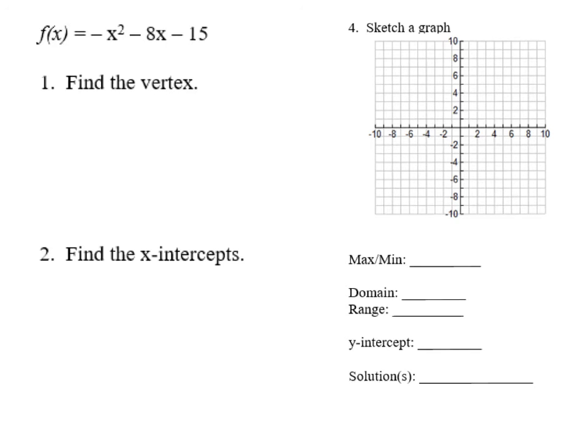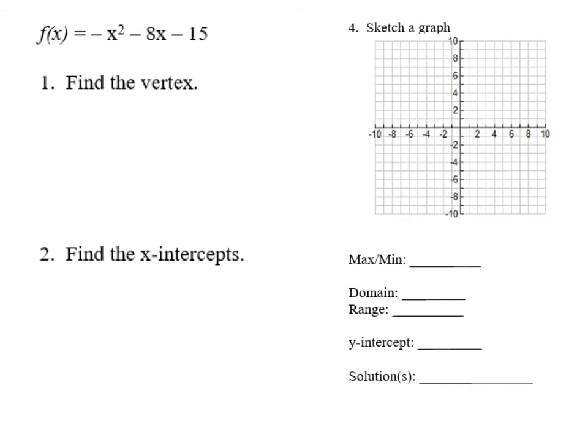Okay, so let's take a look at how we might use this in practice to actually graph a function without having to do all the work from the last lesson. So I'm given f of x equals -x squared minus 8x minus 15, and I want to graph that. I'm going to graph it by finding the vertex and finding the x-intercepts separately instead of using the completing the square method.